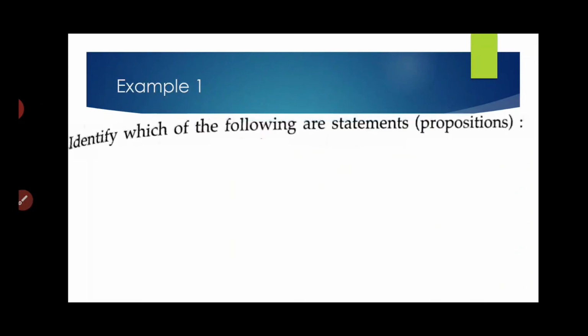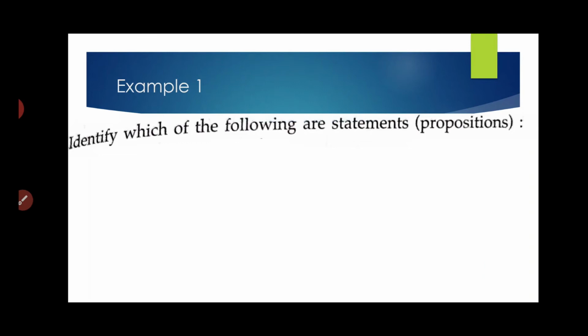Obviously, now examples in computer and examples in mathematics will be a little bit different, because in mathematics we are more interested in taking up statements or propositions which are related to mathematics. So to begin with, let us have the first question, which is identify which of the following are statements or proposition.